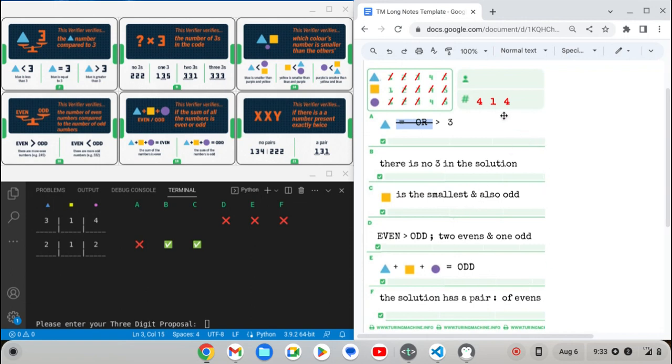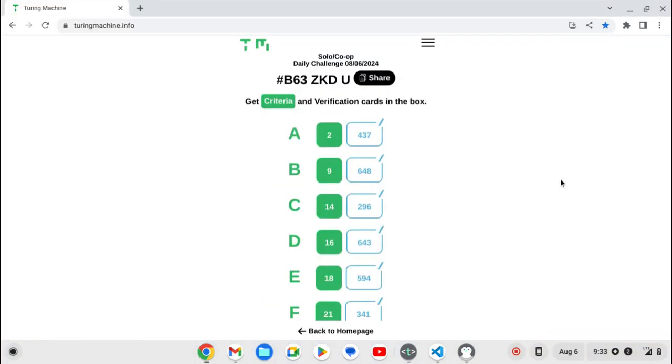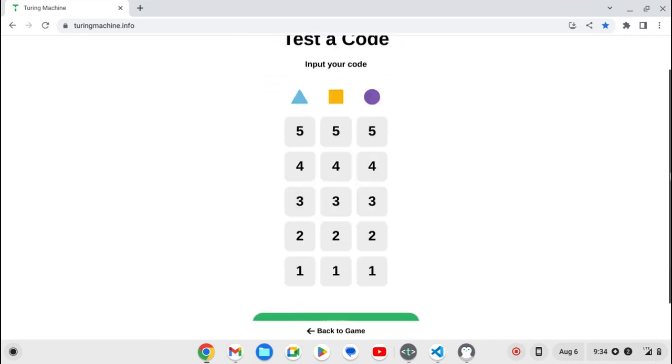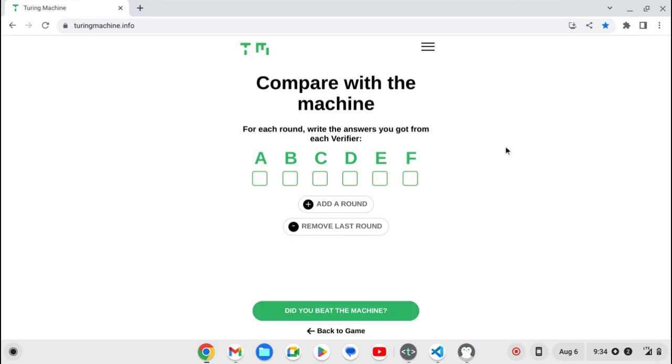So let's go to verify the solution. Okay, we did say 414, and let's see if it's correct or not. Fantastic, it is. And so now let's go see how we did versus a Turing machine.